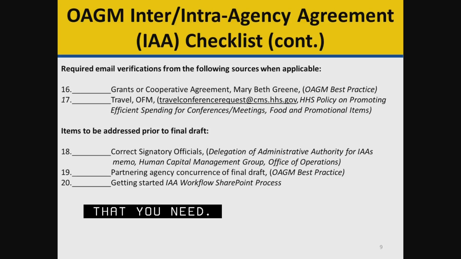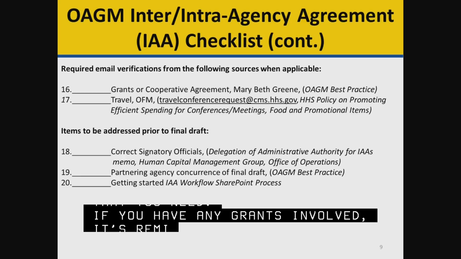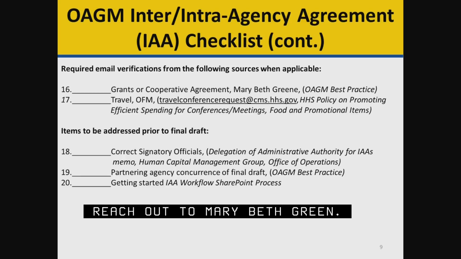And also, 16 and 17 is just, if you have any grants involved with your IAs, it's reminding you that you have to reach out to Mary Beth Green in OAGM to get a clearance from her, as well as any travel that's involved in your IA. You need to get that clearance before it comes to us as well.